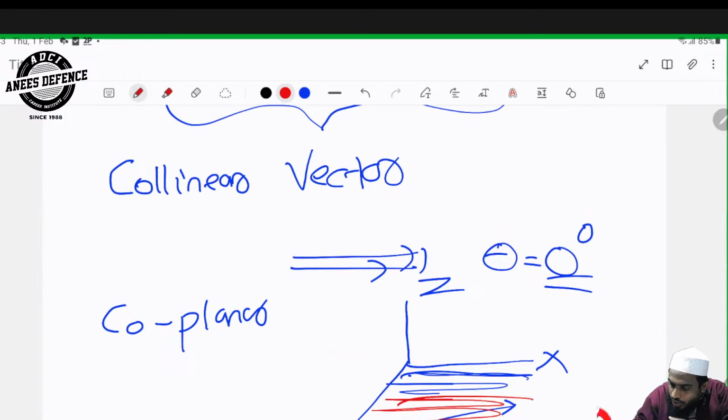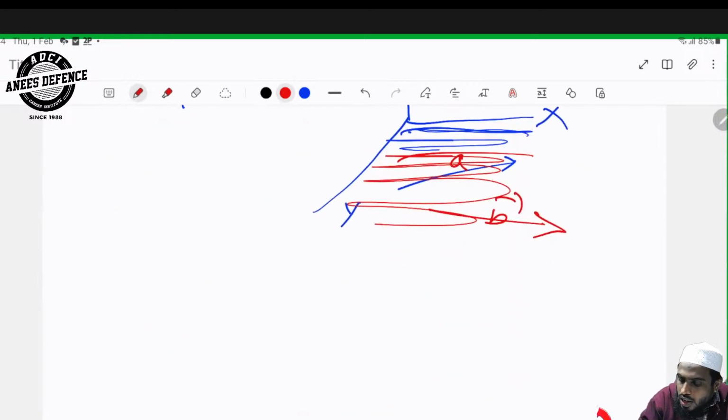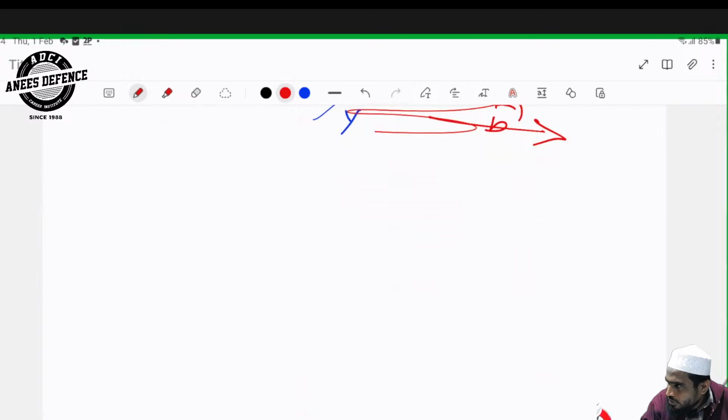Now this vector is lying on a plane. Similarly, another vector. This vector is A and this vector is B. So if you consider two vectors, they are always coplanar.